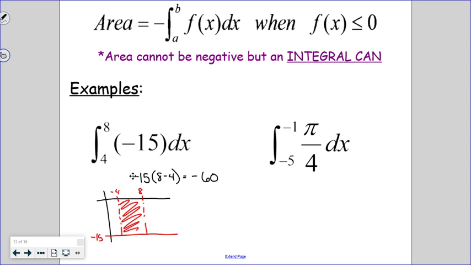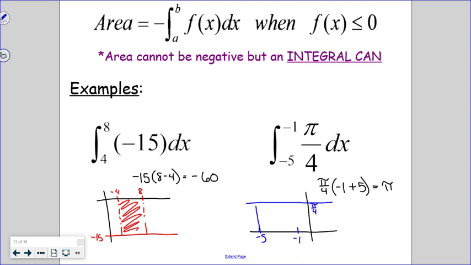If I follow my pattern that says I'm supposed to take pi over 4 times the difference, well, -1 minus -5 ends up being -1 plus 5, or 4, times pi over 4 is pi. Okay, and a picture of what's going on here: although it's happening way over here, there's your pi over 4 function, -1, -5. It's just giving us that rectangle. Any questions?